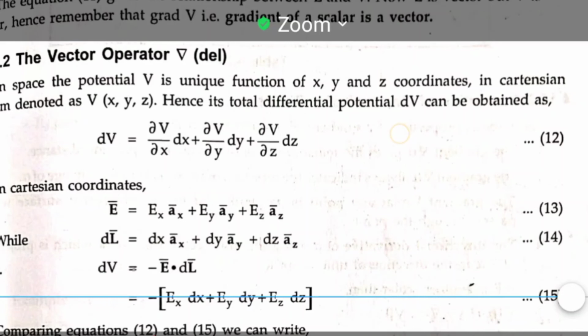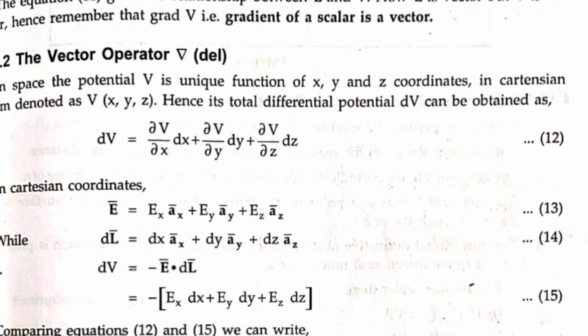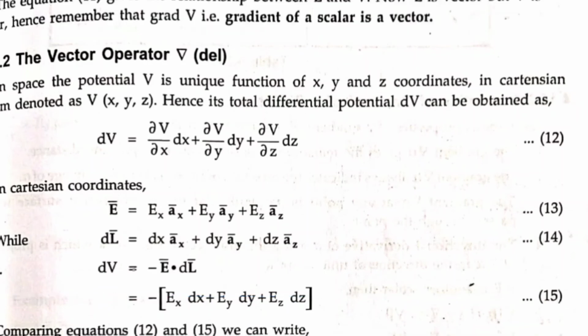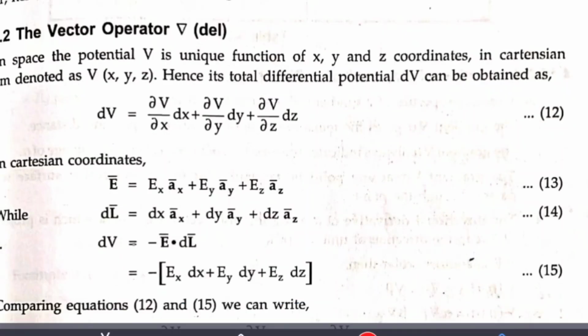In Cartesian system, V of x, y, z can be described as, hence it is a total differential, potential dV is given by partial differentiation. dV equal to dou V by dou x dx plus dou V by dou y dy plus dou V by dou z dz. Make it as an equation.